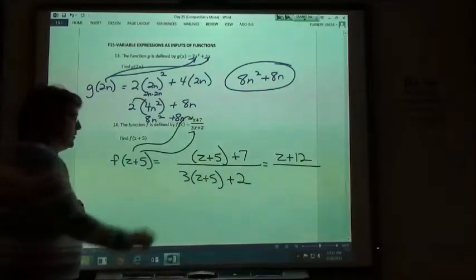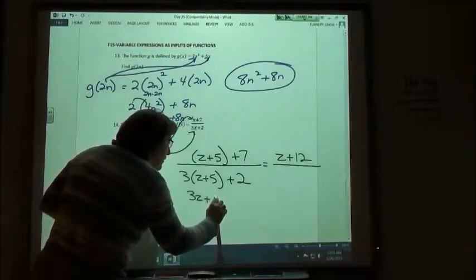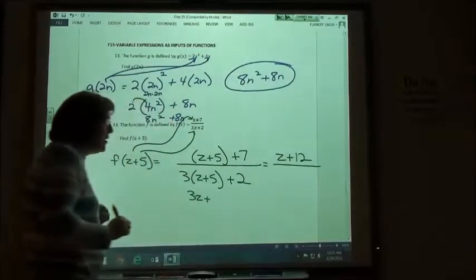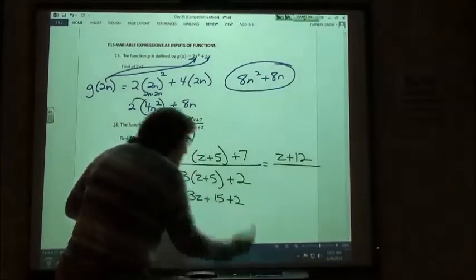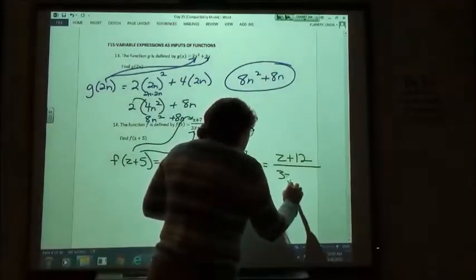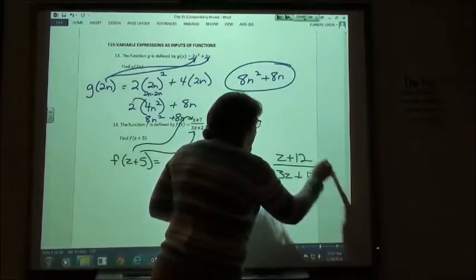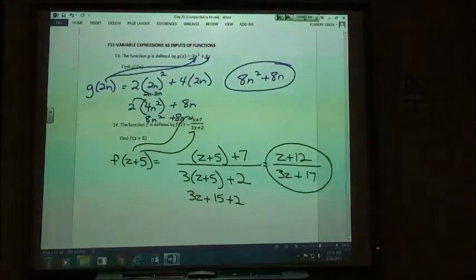So you're going to have 3z plus 15 plus 2, which means we get 3z plus 17. And that crazy looking thing is going to be my answer.